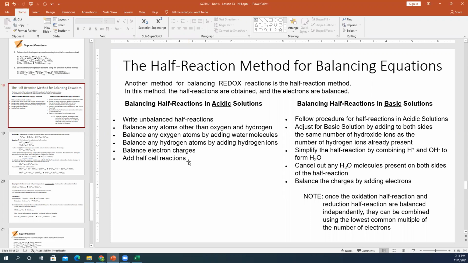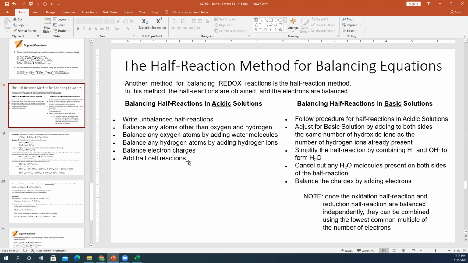Then you have to balance any of the atoms other than oxygen and hydrogen, which is actually what makes sense to do even from our previous example. Then you want to balance any oxygen atoms by adding water molecules.